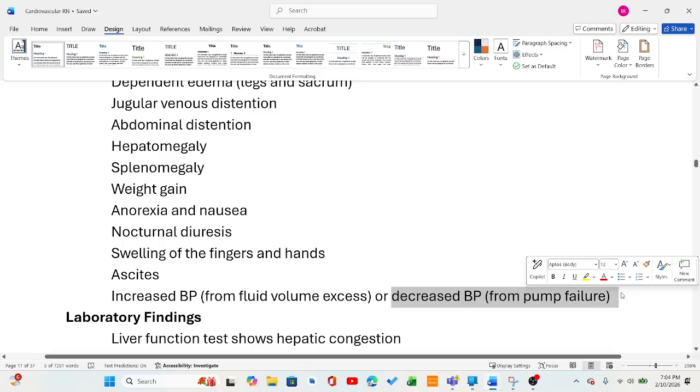At the same time, if the pressure is high, it means that there is a buildup of fluid in the blood vessels, and that is what is causing the pressure to go up. So with heart failure, either left-sided or right-sided, the blood pressure will either go up or go down. If it is a pumping problem, the blood pressure will drop. And if it is not a pumping problem and there's a fluid overload, then the blood pressure is going to go up.